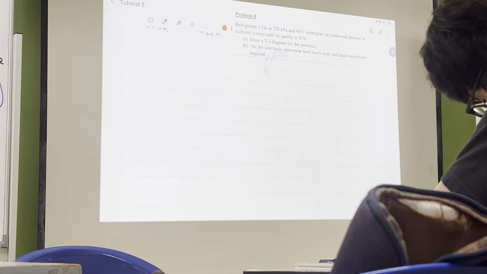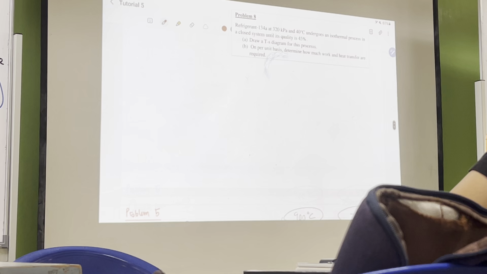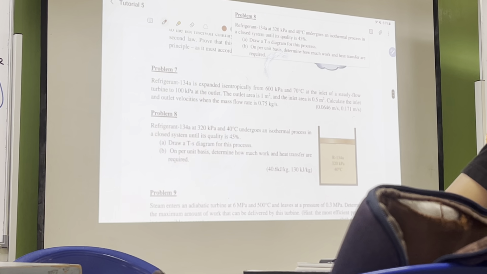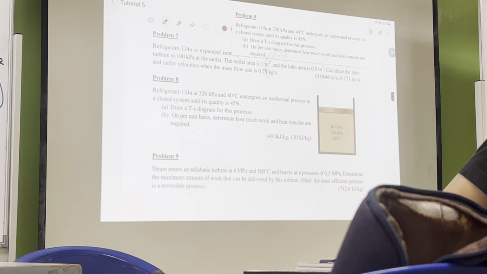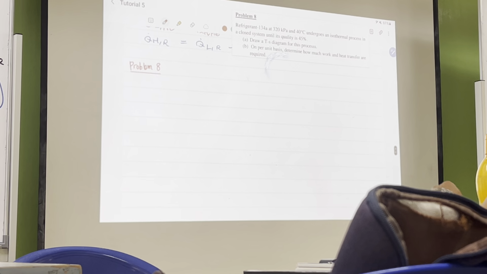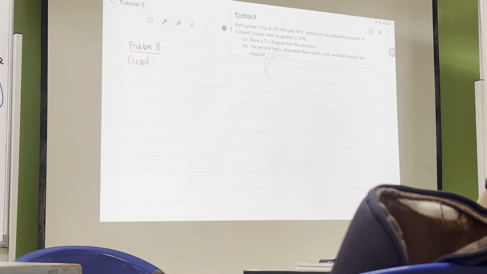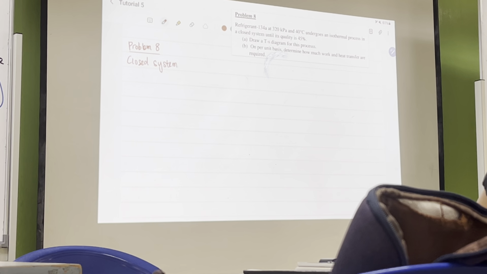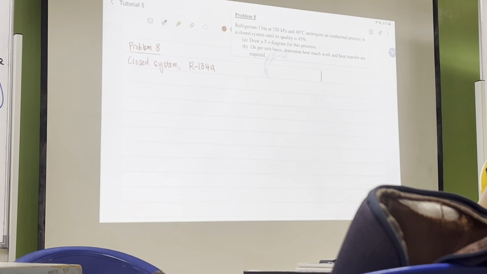Here, I didn't take the diagram, but the diagram shows that it is a piston cylinder device. So what we have here is a piston cylinder device, which also means that this is a closed system. And we are dealing with R134a. So need to be clear what you're dealing with here.